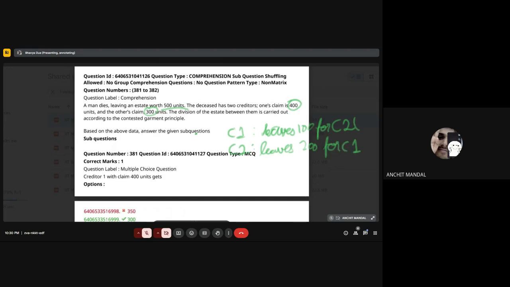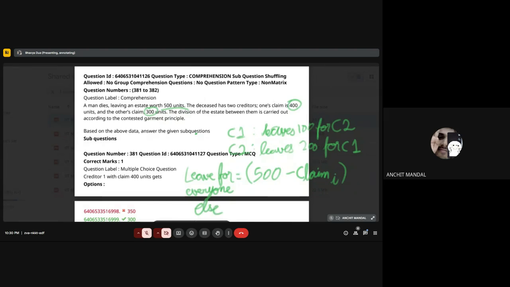The way you get this is: the estate value, 500, minus the claim for a creditor i is the amount that they are leaving for everyone else.